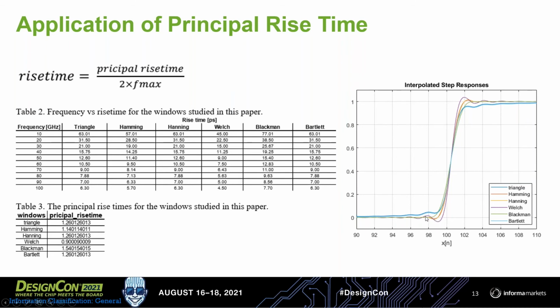The Welch function does look like it has an overshoot and undershoot, so I would expect to see some kind of artifact in my time domain when using a Welch function. Conversely, the Blackman function is very nice and appears to be either critically damped or possibly underdamped, and clearly the triangle function is underdamped.